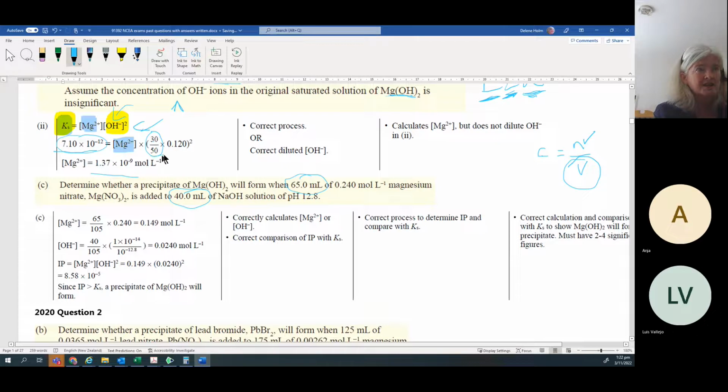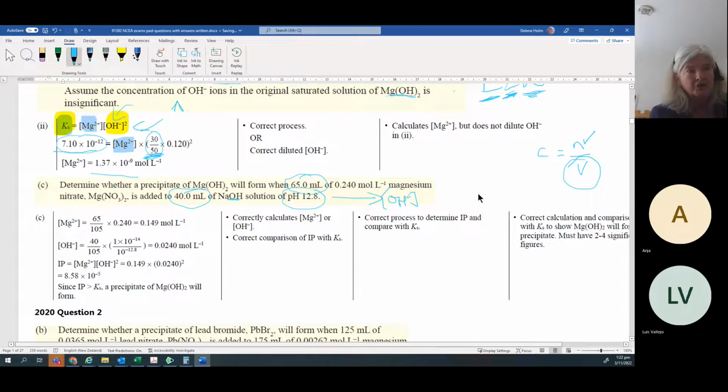So you're going to have to do that same sort of factor as you did there. And not only that, here they have not told you what the concentration of hydroxide is, as they did in this question up here. They simply told you what the pH is. So you've got to calculate the OH minus concentration of this 40 mL sodium hydroxide solution from the pH.